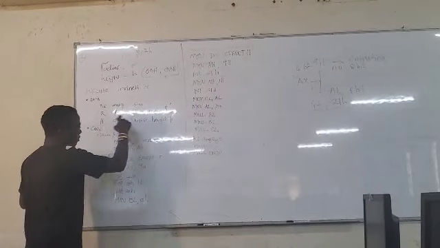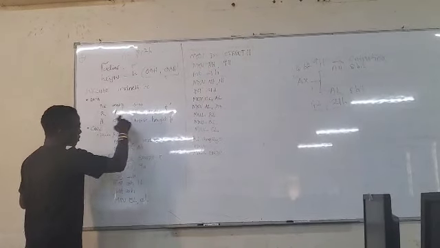Now when we interrupt, this interrupt 21H calls the processor to run the function we put in the AH. So it will tell the computer to output. When you interrupt the processor, it will run this function. That means it will display this message.